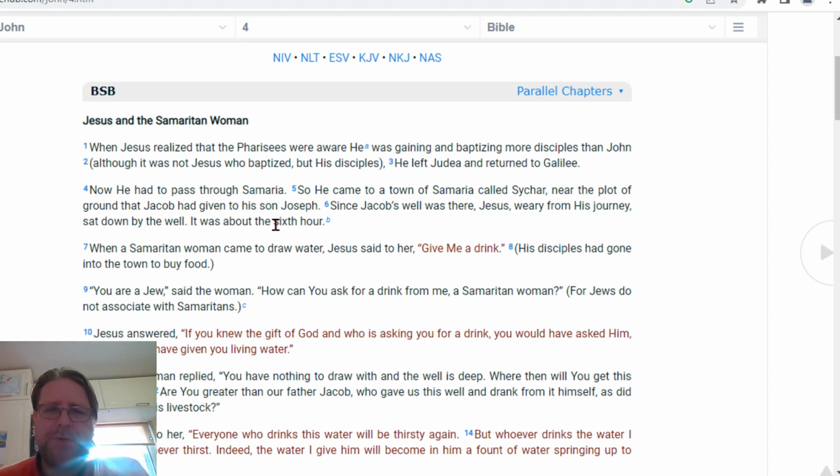Now he had to pass through Samaria, the land of the Gentiles. So he came to the town of Samaria called Sychar, near the plot of the ground that Jacob had given to his son Joseph. Joseph, a picture of Messiah. Since Jacob's well was there, Jesus was weary from his journey, and he sat down by the well.